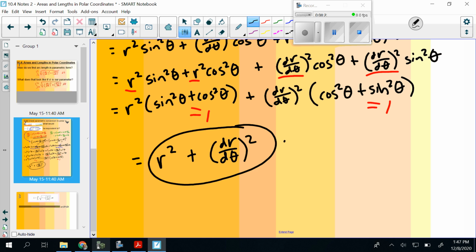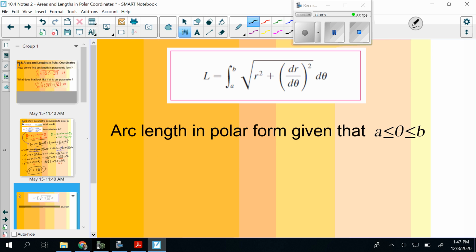And so if we replace all that stuff under the square root with what we just found, this is another way to find arc length in polar form. So you can use either that first one we had where it's dx d theta squared plus dy d theta squared, or you can use this, which is our r squared plus our dr d theta squared. And that's two ways you can find arc length in polar form from A to B.